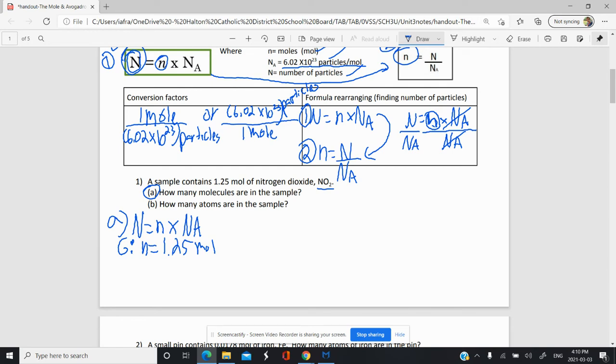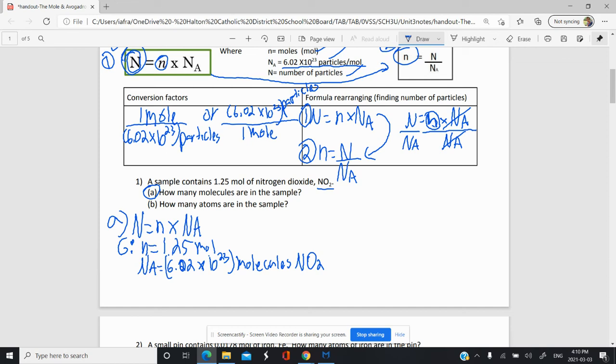And my Na, that you already know, is 6.02 times 10 to the power of 23. And in this case, particles will be molecules because it's NO2, molecules of NO2. You can say NO2 molecules, okay? So you could have just switched that around, but same thing. So that's my given information.